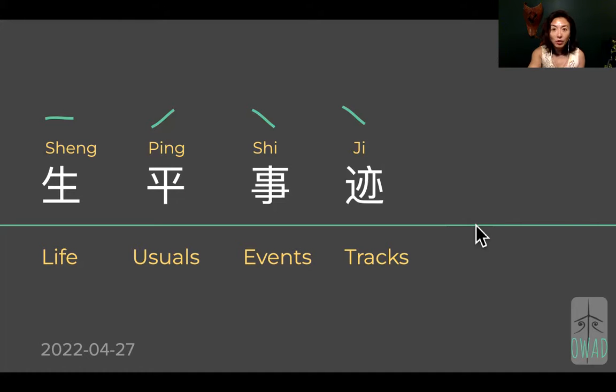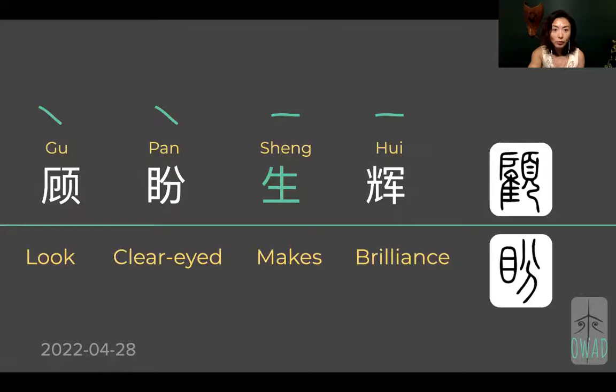And today we are going to continue with 顾盼生辉. So 生 is the same character, but it means a different thing. The previous one, 生平事迹, 生 is a noun. It's the life, basically the lifespan, right? We can regard that as a noun. And here, this 生 means make a life.